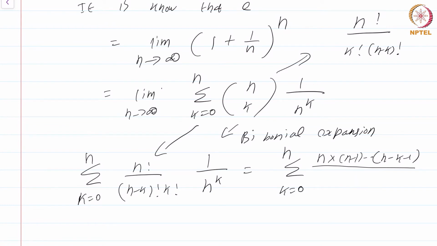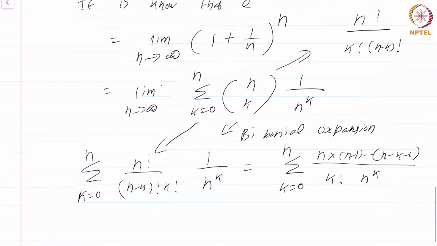Sorry, I made a mistake. When I cancel out n minus k factorial, all the terms from 1 to n minus k will get cancelled in the numerator. So I'll be left with, small correction, k factorial into n power k.